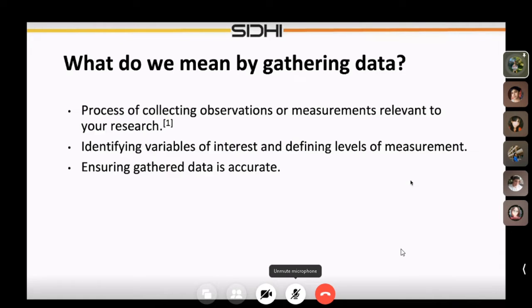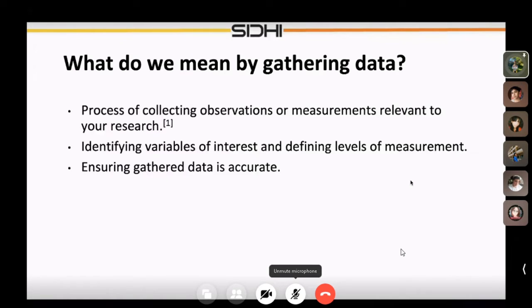What you want to define as the level of measurement is how deep, how granular the information is that you're trying to get. Let's say you're looking at a picture of a flower. What kind of observation do you want to take from that picture? The color?